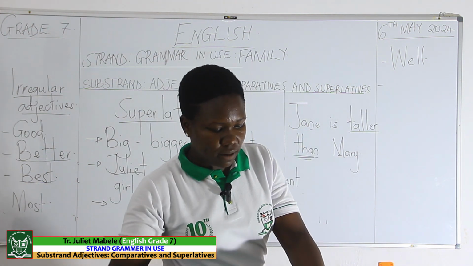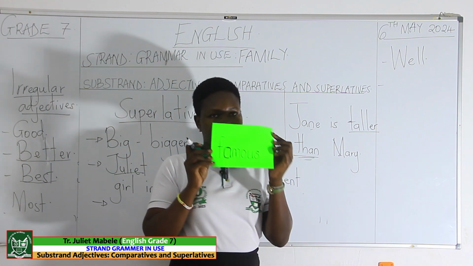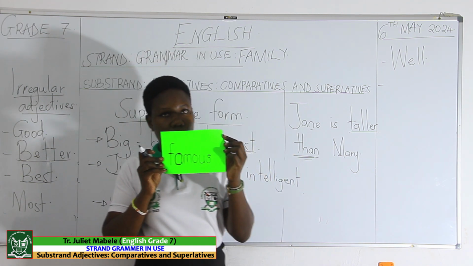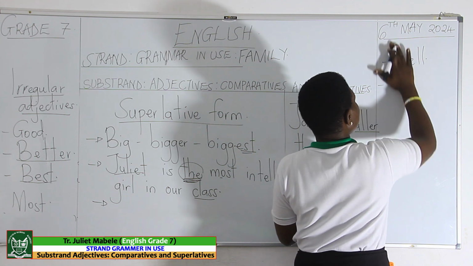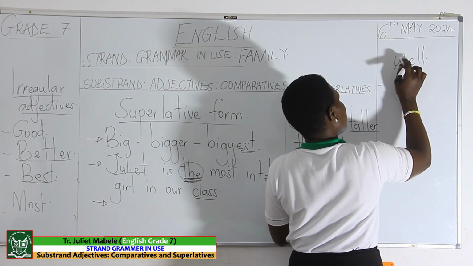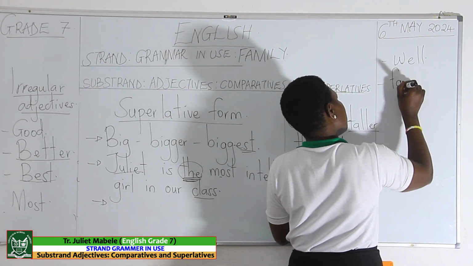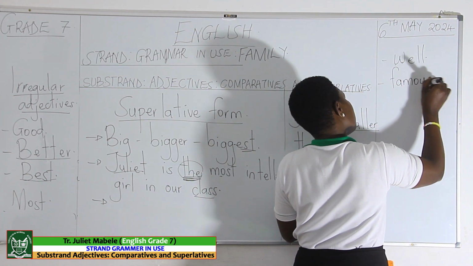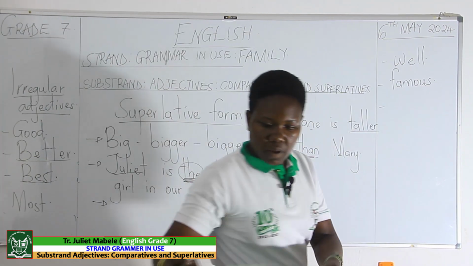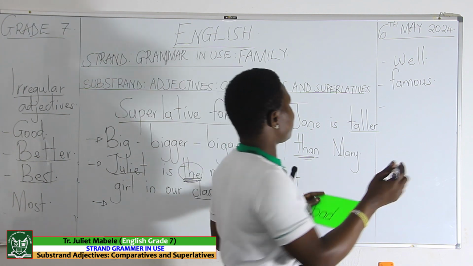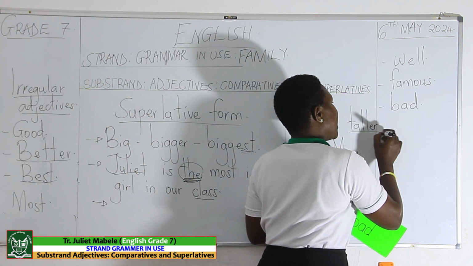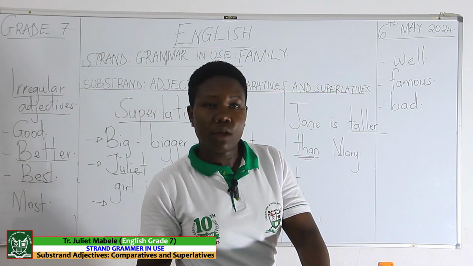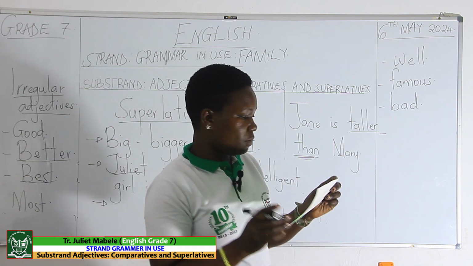The second one is this one. Let me use small letters. Famous. The third one is bad. Good. I hope you're writing with me in your exercise books.